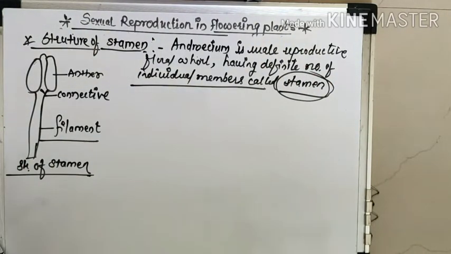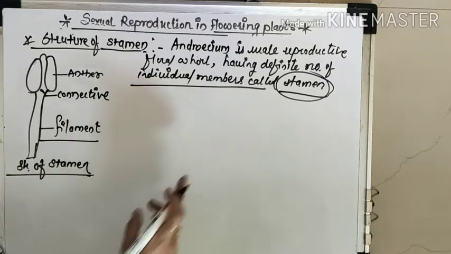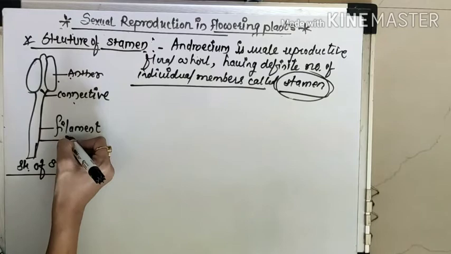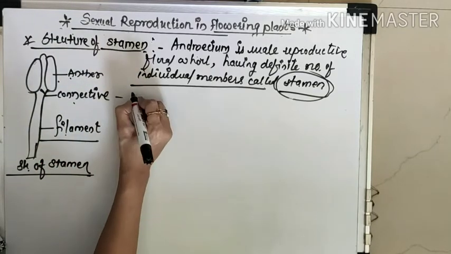Now, the stamen contains three parts: anther, connective, and filament.